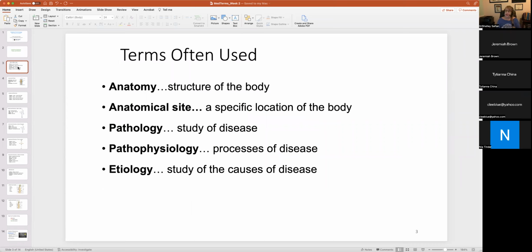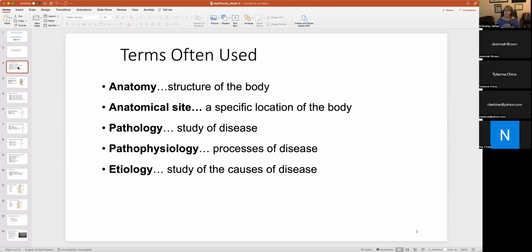So anatomy is the term used for referring to the structure of the human body. Although there are, of course, anatomical references to many and all species. Okay, that's what they teach in veterinary school. So all it is, is the structure of the body that you're discussing.